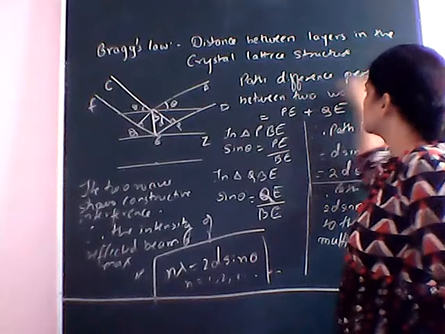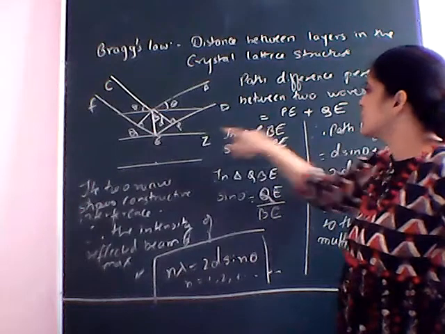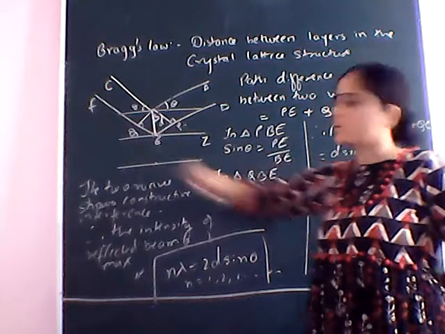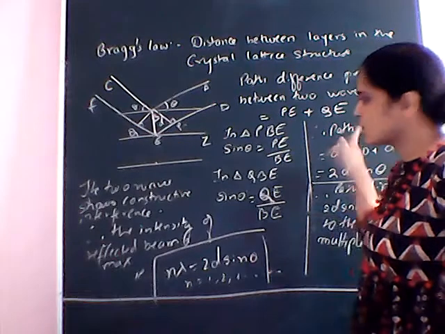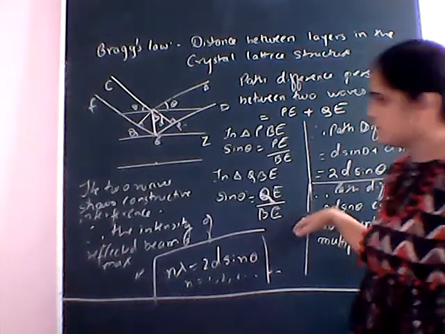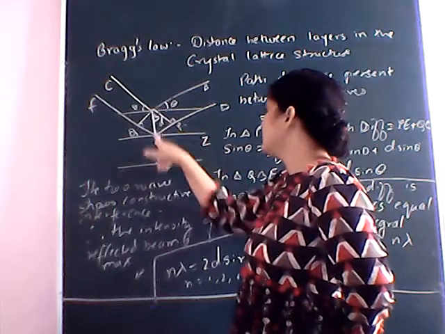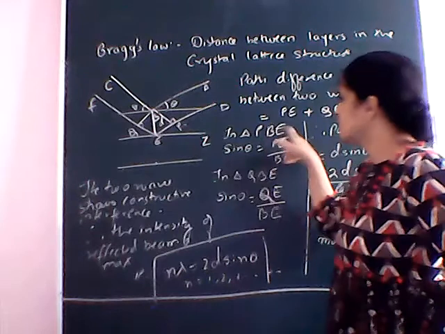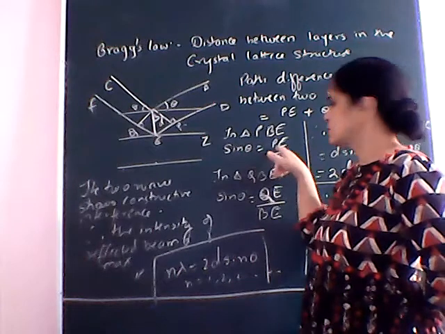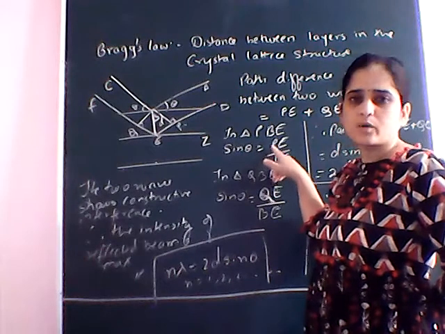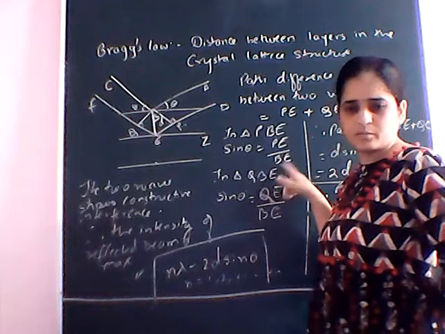So the path difference between the two waves is actually the sum of what, PE plus QE. So to solve that we considered triangles. The first triangle we considered was triangle PBE. So in triangle PBE we get that sin theta is simply PE upon BE.